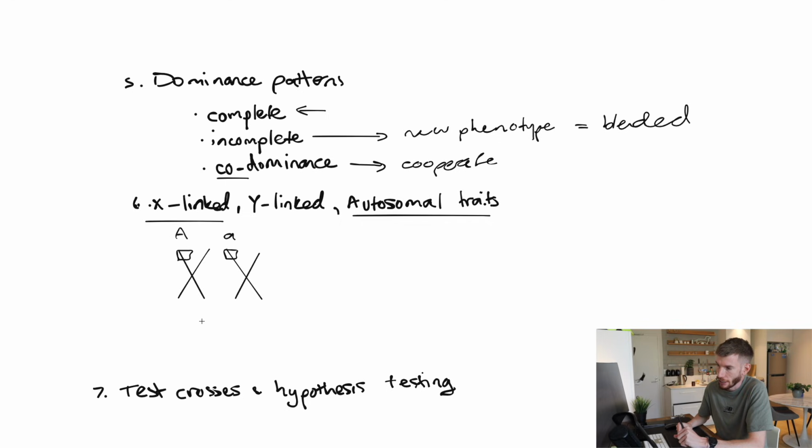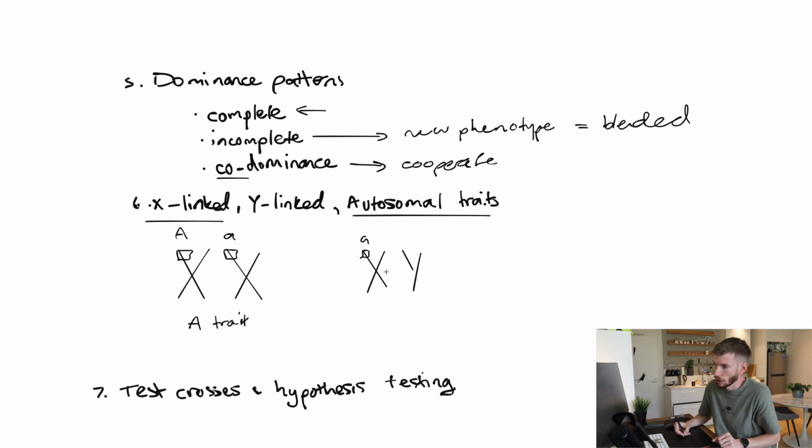And if it's dominant, then they would have the capital A trait, right? If we had a male though, because the second chromosome is not an X chromosome, it can't have that particular gene because it doesn't have the information for it. So it becomes more likely for them to actually get the recessive trait.